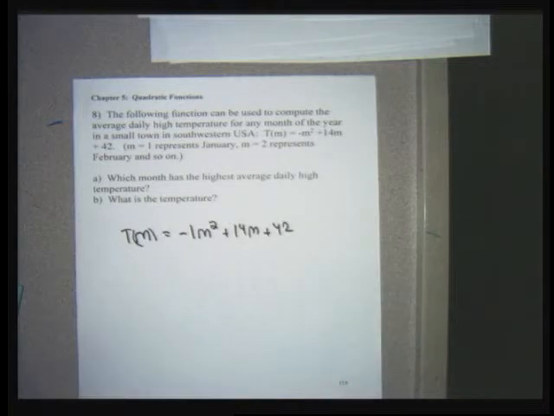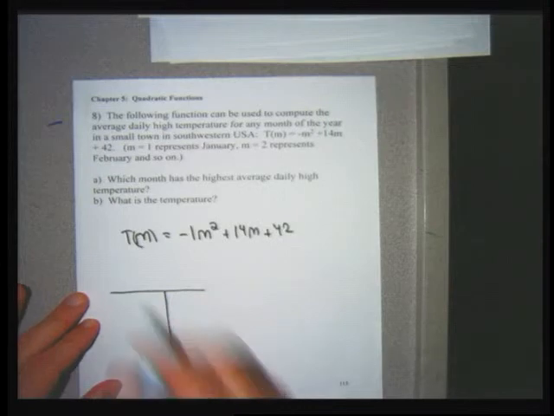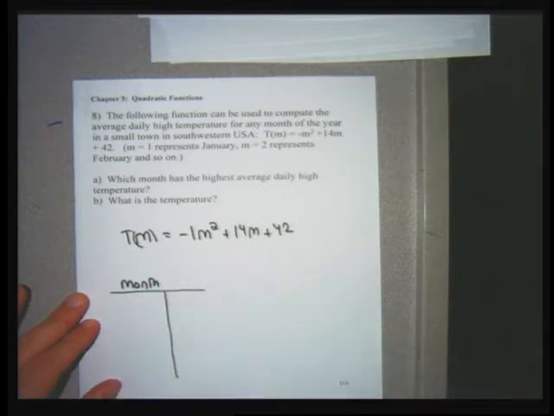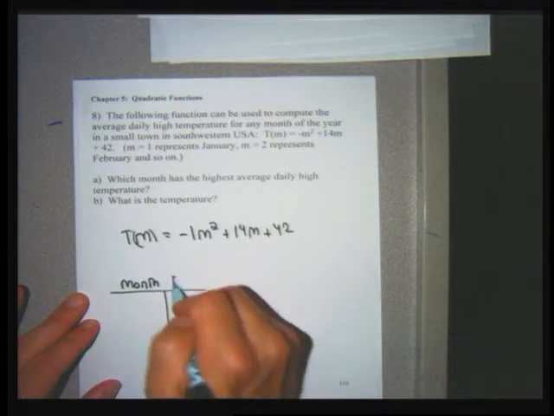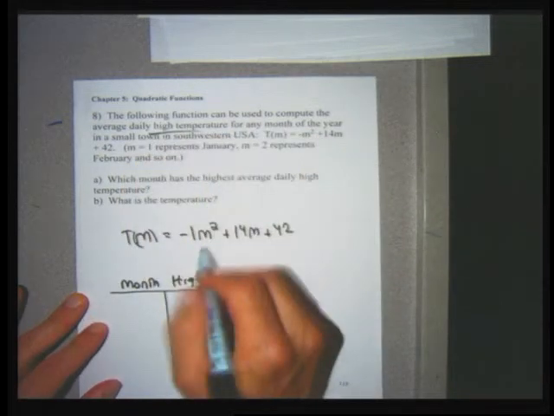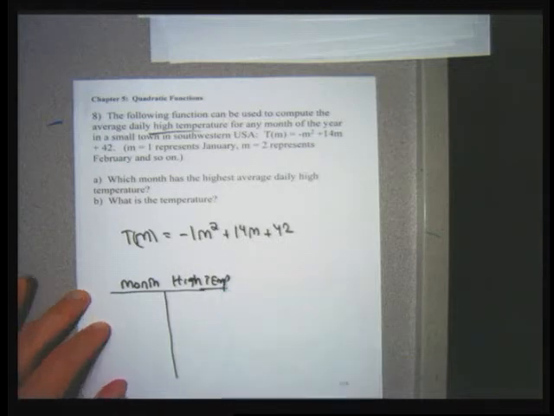And I'm going to make a table again. The x column is going to stand for the month, where 1 stands for January, 12 stands for December, 6 stands for June, 8 stands for August. And then the y column is going to be the daily high temperature, the average high temperature during that month. Now I do the same thing.